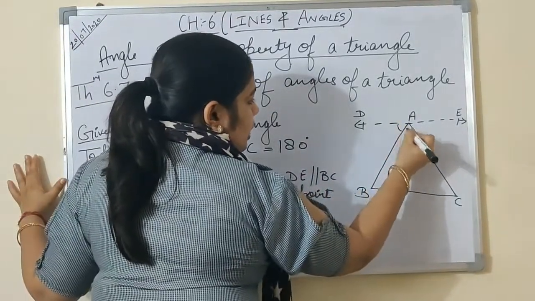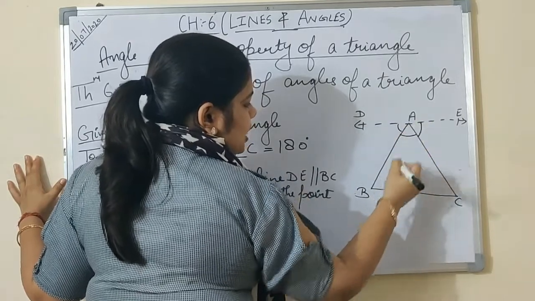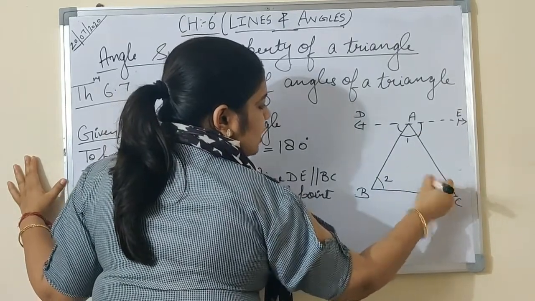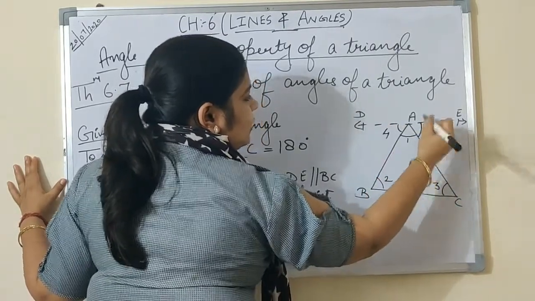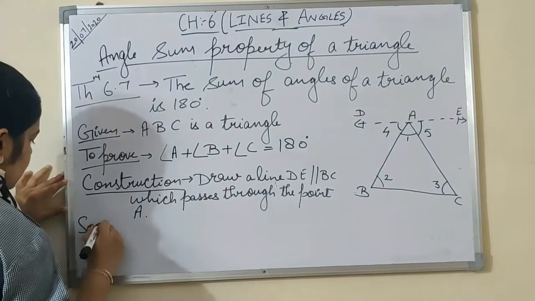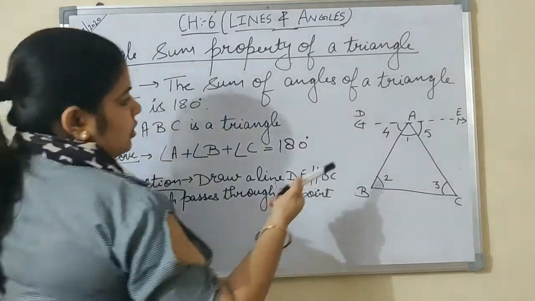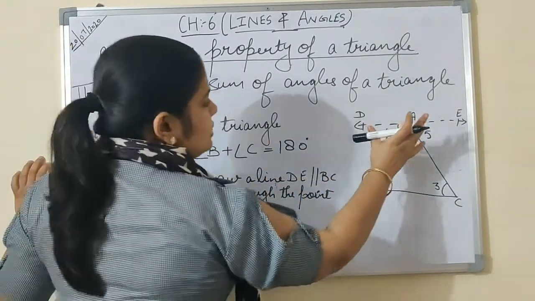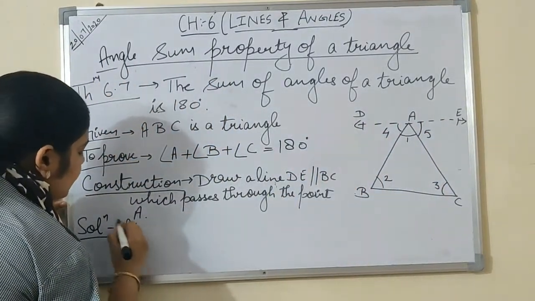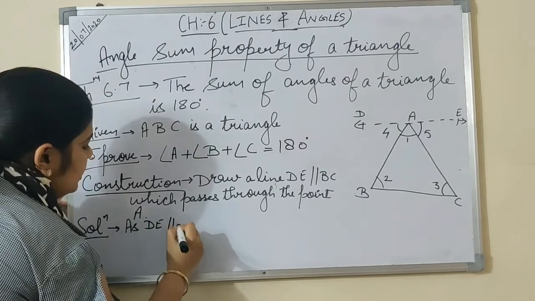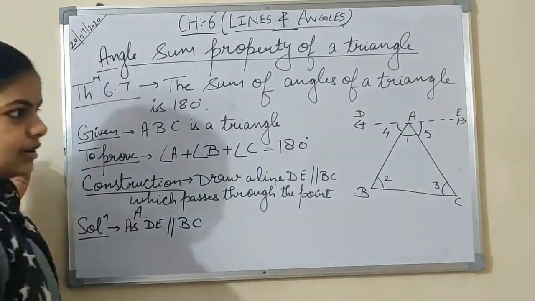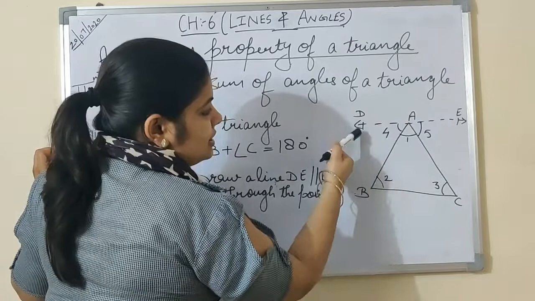So I am marking the angles which are being formed here. I am naming them angle 1, angle 2, angle 3, angle 4 and angle 5. Now I will be using this construction, that DE is parallel to BC.